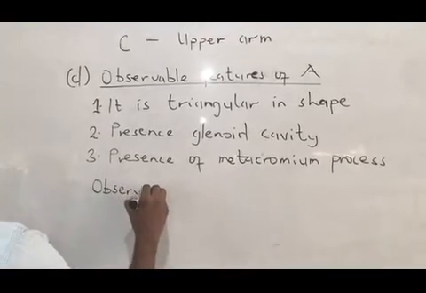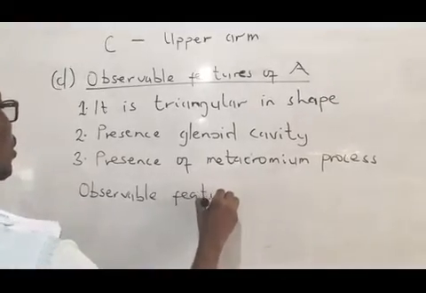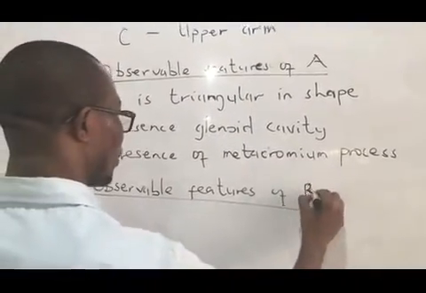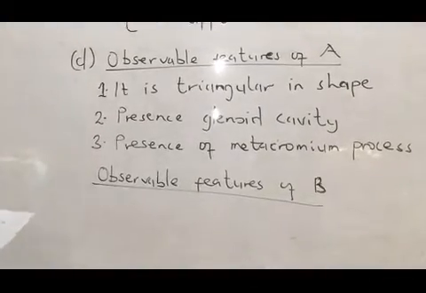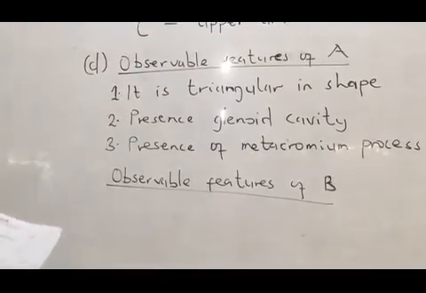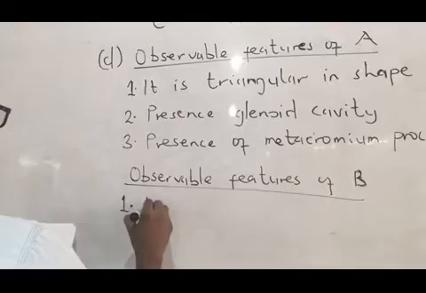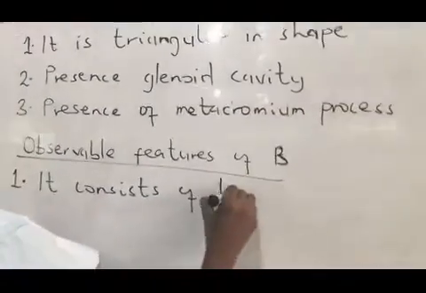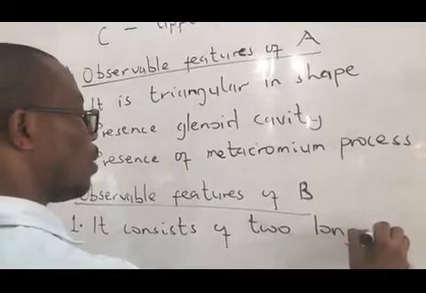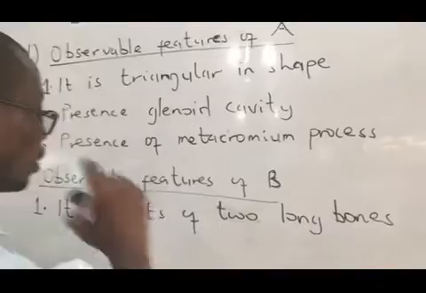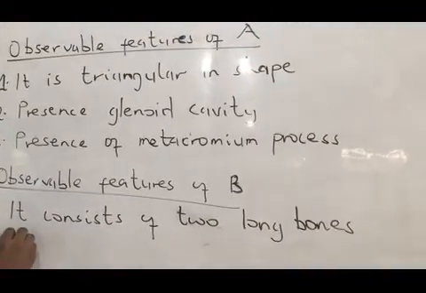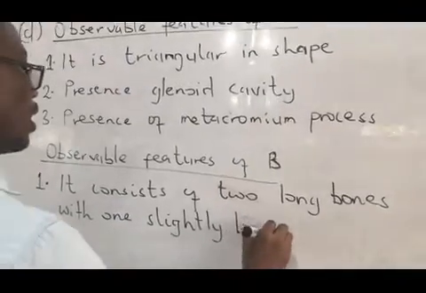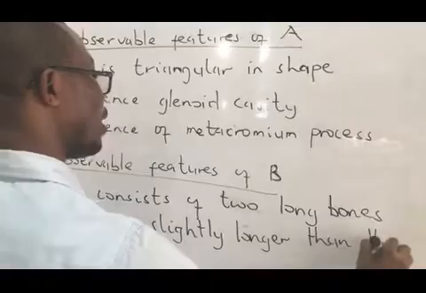Then let's look at observable features of B. If you look at B, as I said, it consists of two long bones, with one slightly longer than the other.